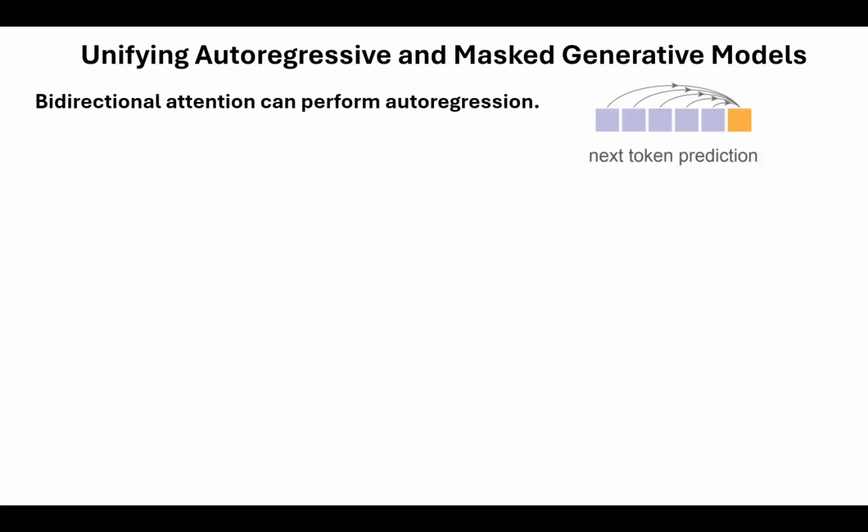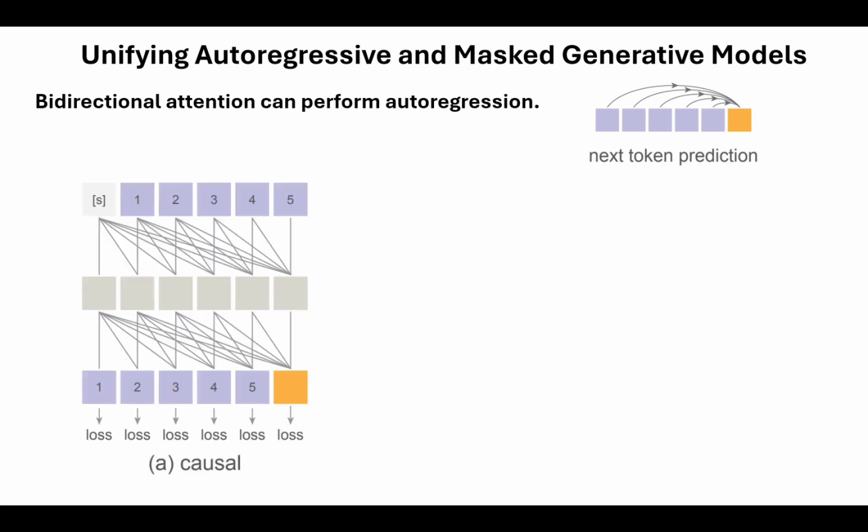Then, to show how these mask generative models can be considered a subset of autoregressive models, we can first look at this: the authors say that the bidirectional attention used in mask generative models can also be used in autoregressive models. Because all we care about in autoregressive models is next token prediction, right? But what people usually use for this is causal attention instead of bidirectional attention, while they use mask attention in their method.